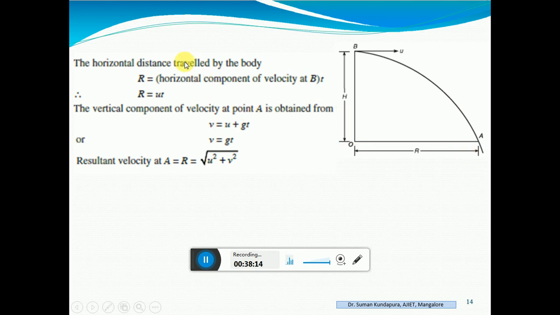The horizontal distance r travelled by the body is given as the horizontal component into the time taken, that is u into t.